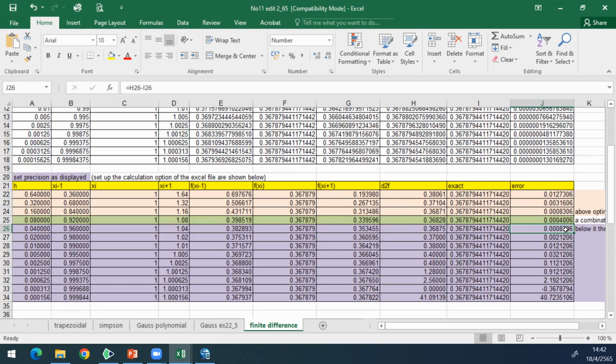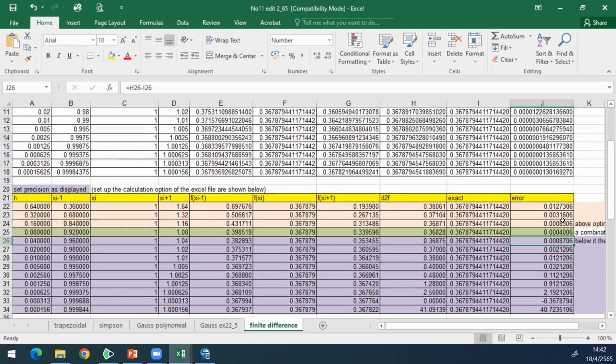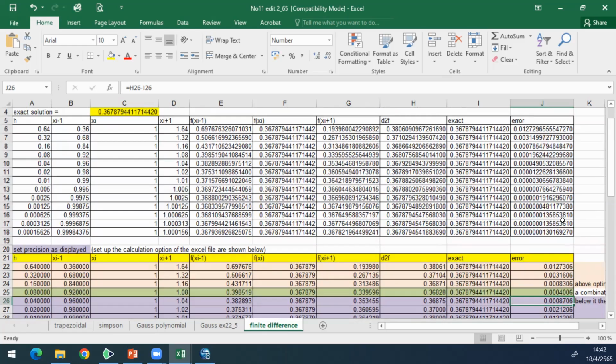So that is why I discussed this example, because I would like you to note that in numerical techniques, we have to be careful about the round off error also. We have to keep as many digits as we possibly can.